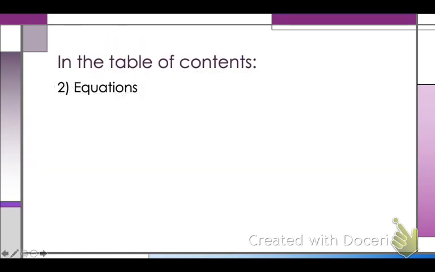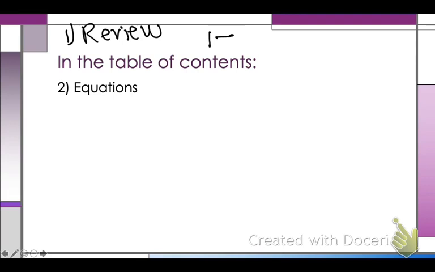All right. In your table of contents, under review, I want you to write equations. I know your review is like, I'm writing in white, that doesn't work. Your review is 1, review. And I want you to write 1 through, and then find whatever page you wrote the last thing on.